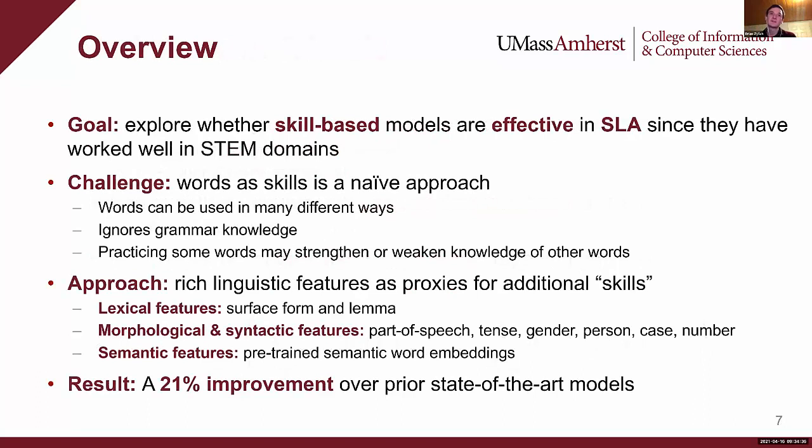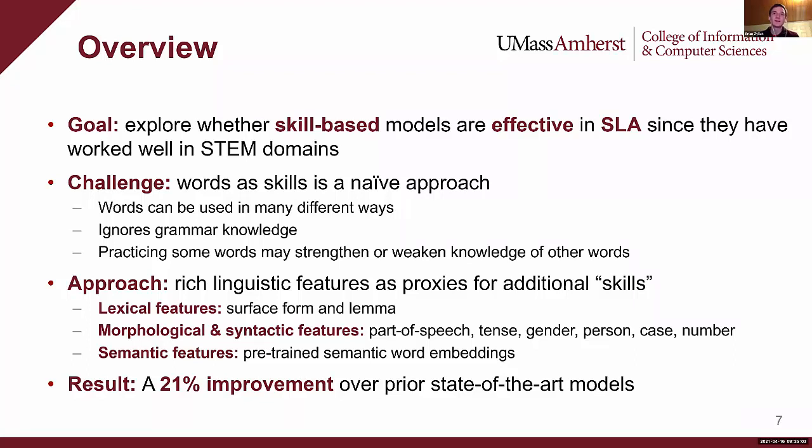The goal of our work is to explore whether skill-based models are effective in second language acquisition, since they have been shown to work well in other domains such as math and science. The challenge here is that it's not clear what we should use as the skills for these skill-based models. The first thing that might come to mind is, why don't we just use the individual words each as an individual skill?